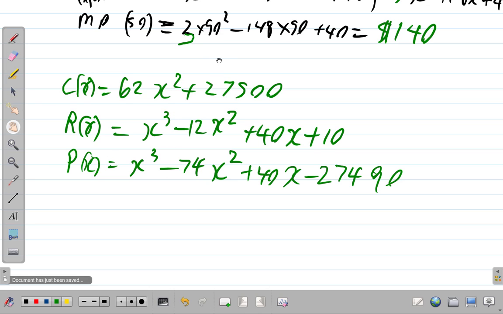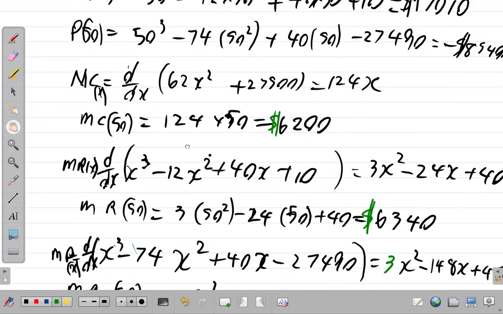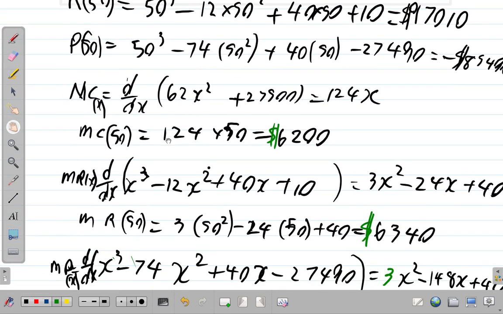Now, Cx at 50, or C prime at 50. Our marginal cost at 50 was $6,200.